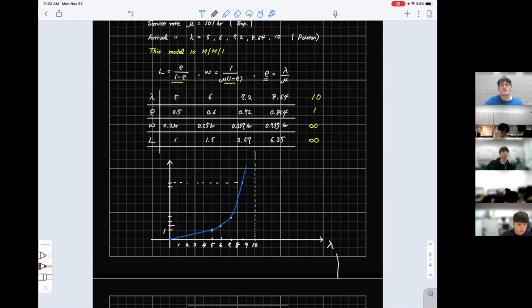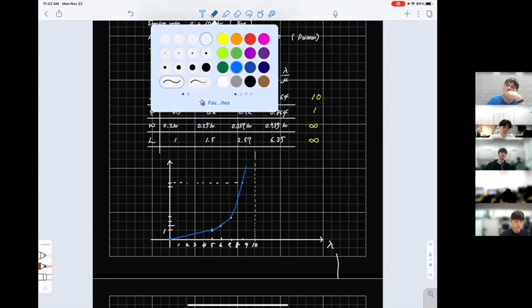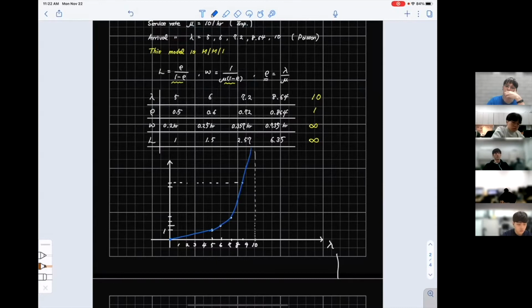We can think that this line will converge to this line, and at lambda equal to 10, this line will be stretched to infinity.